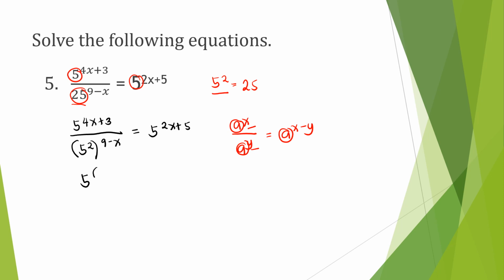So we have 4x plus 3 minus 2 multiplied by 9 minus x is equal to, copy the right side of the equation, 5 raised to 2x plus 5. By the property of equality of exponential functions, if the bases are the same, then the exponents must be equal. Let us now equate the exponents.